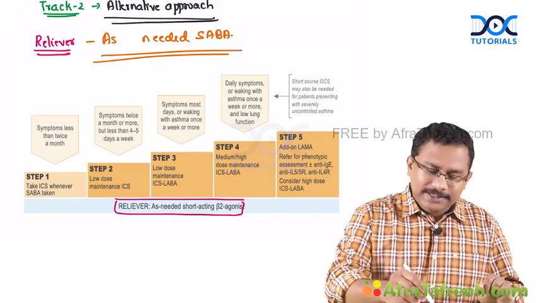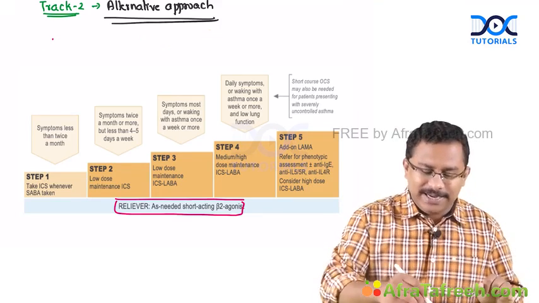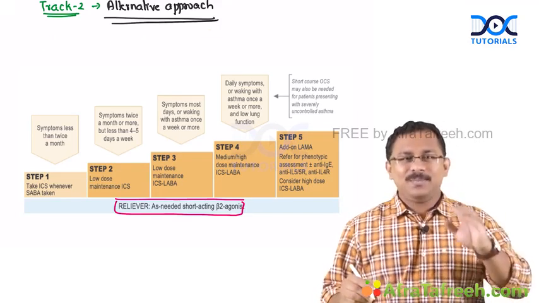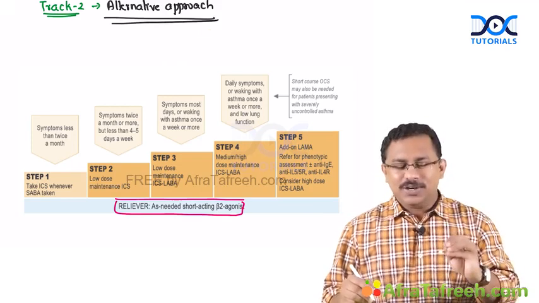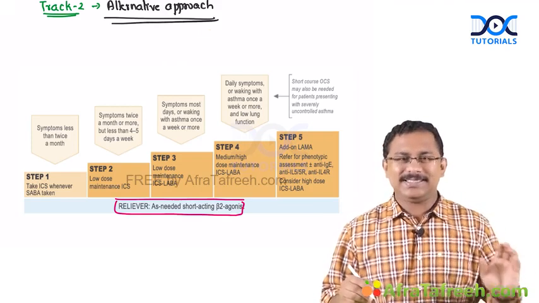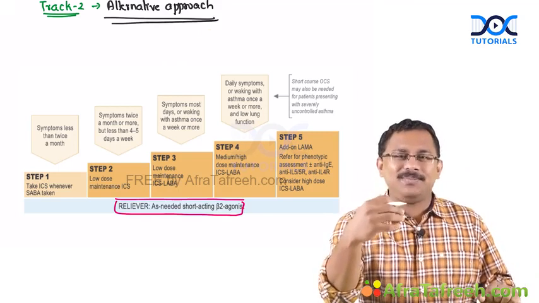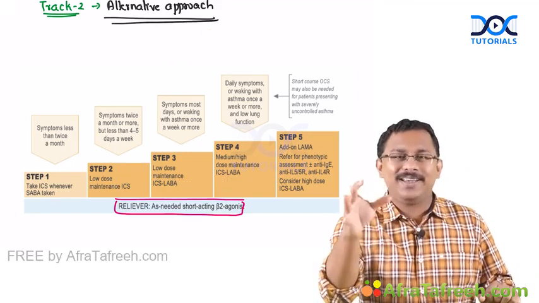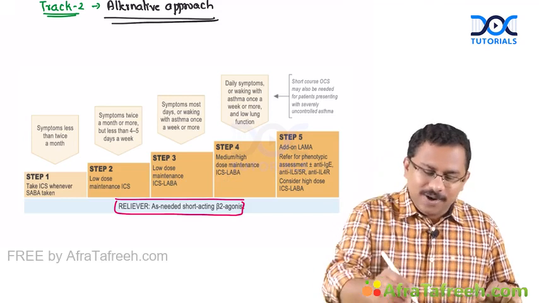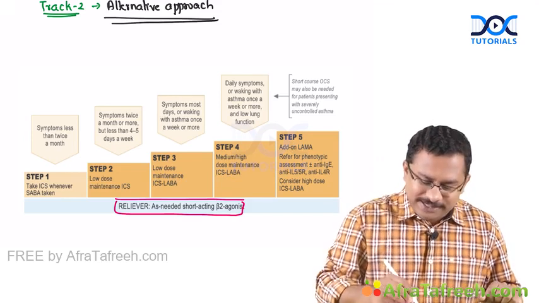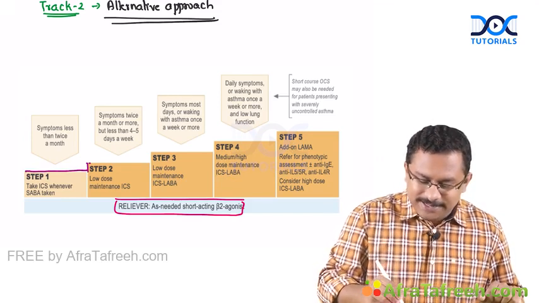Yes, the reliever is as and when needed SABA, but you see here also you have a stepwise categorization, and I'm going to teach you why I still stand by the term, SABA only treatment is not preferred. So here also you can see beautifully the stepwise categorization of the patient.